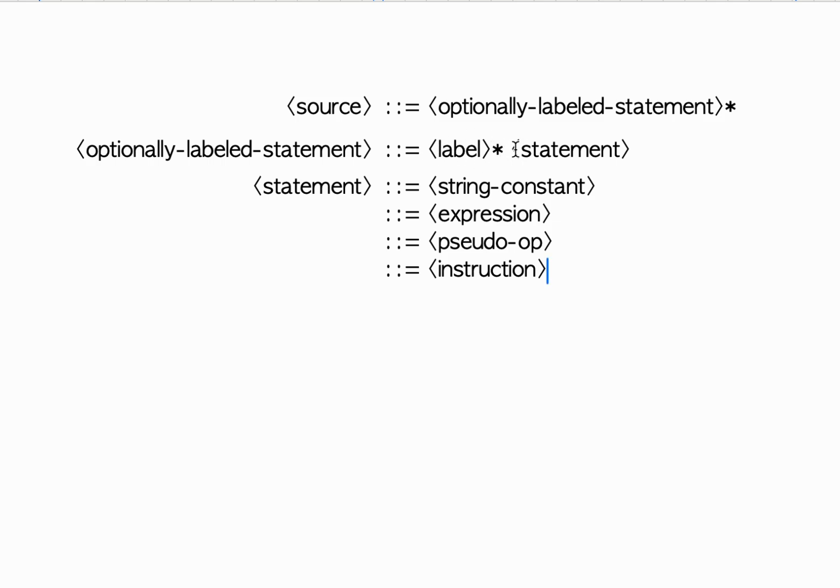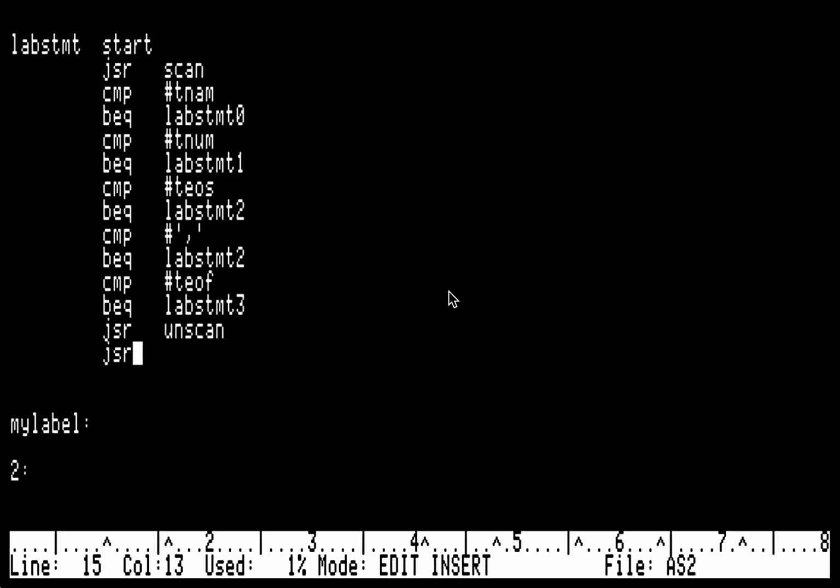So we need to just get a statement. And in fact, I think I can just, at this point, jump to statement. So there's no labels, it's not the end of file, it's not the end of line, that sort of thing. We jump to statement.